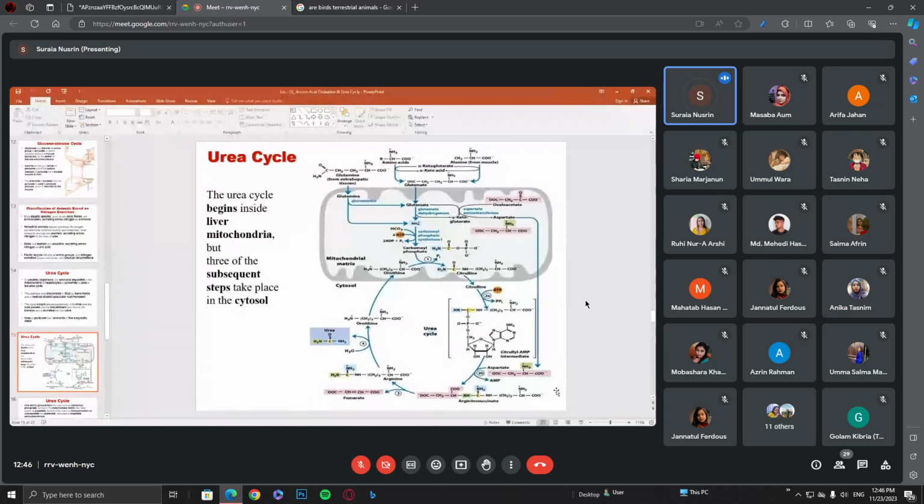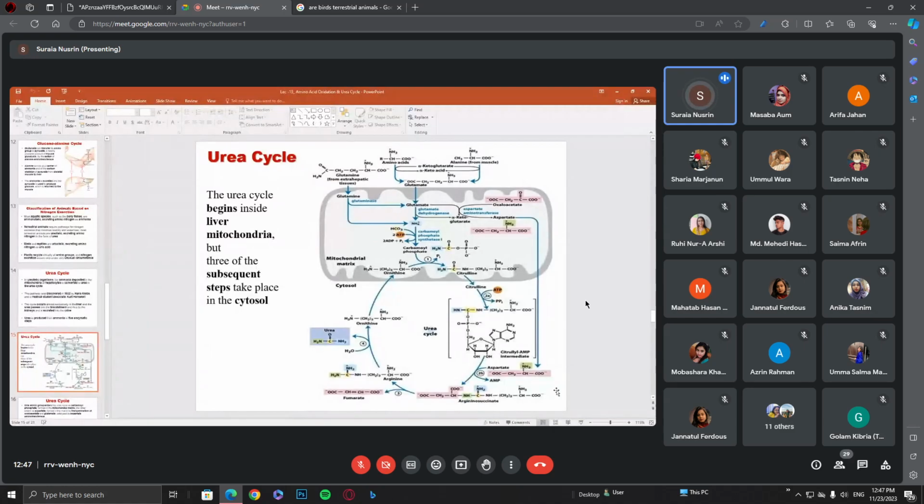Also, in this cycle, some of the enzymes are shown above, but if you look at the cycle itself, there are no enzymes. What types of reactions are there? Mainly in step 1, it is the condensation reaction. In step 2, ATP donates the AMP, which is an unstable intermediate, functioning as the acceptor for another amino group in the form of aspartate.